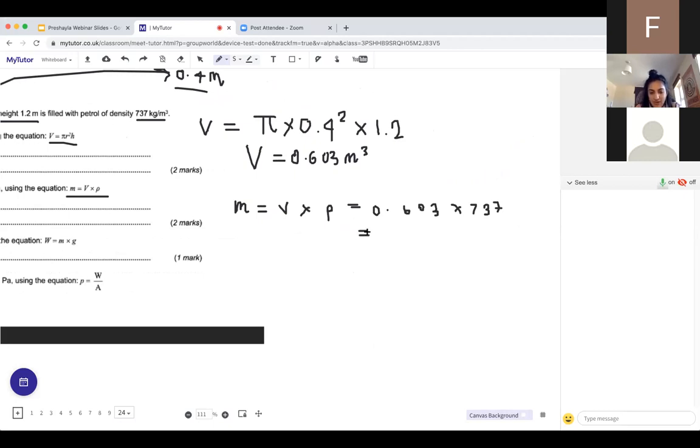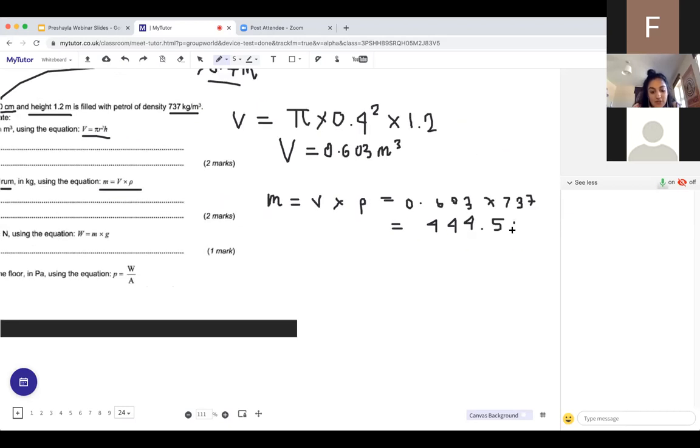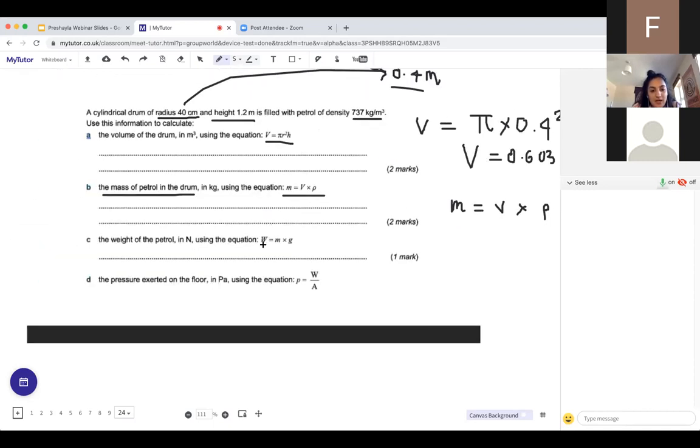What would the answer be? It would be 444.5. Okay, so the mass is 444.5 measured in kilograms. And then we need to work out the weight.